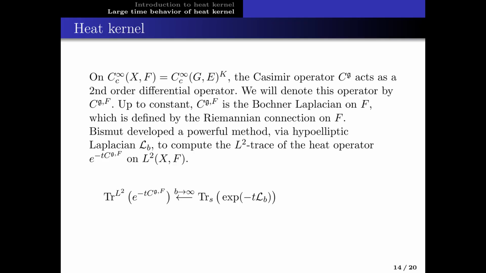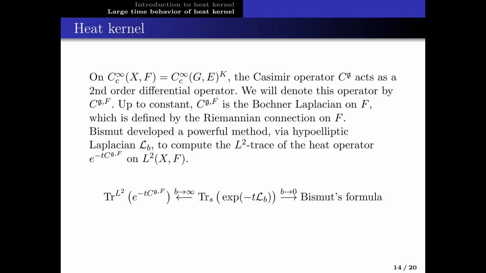But with this hypoelliptic Laplacian, what Bismut achieved was that when we let b go to infinity, we get to the L2 trace, the spectral side. Now if we go to the limit b equal to 0, we get something infinitesimal. There is an integral formula, which I'll explain in a moment, on the dual of the Lie algebra.